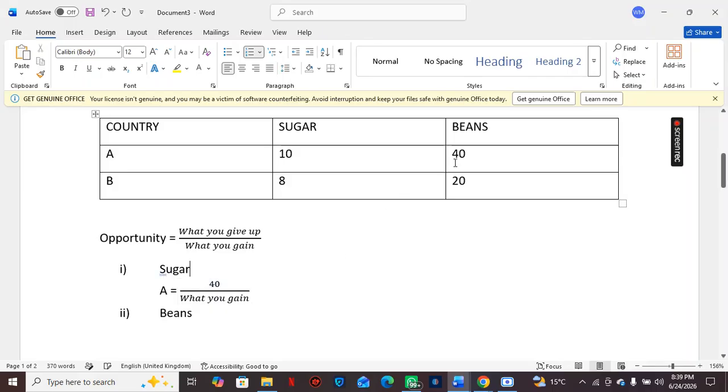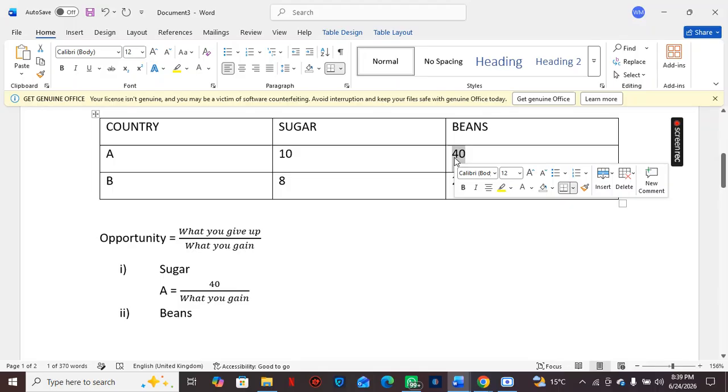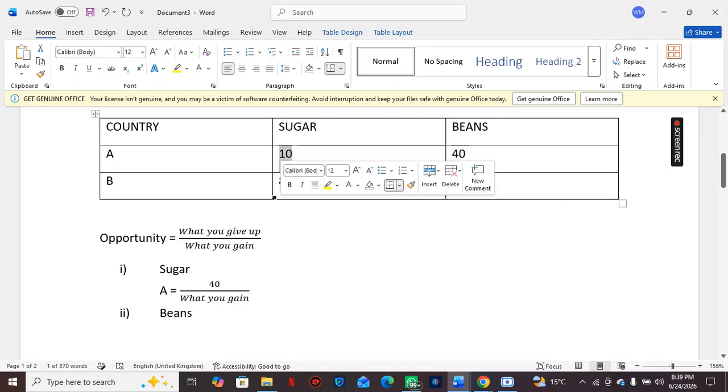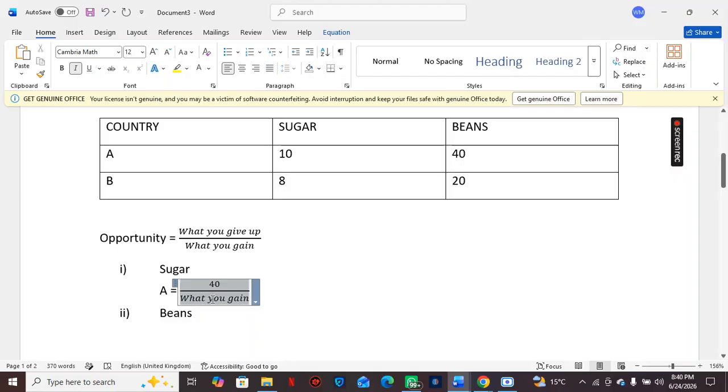So we're giving up these 40 units of beans so that we can produce 10 units of sugar. Right, so 40 divided by 10 gives us 4.